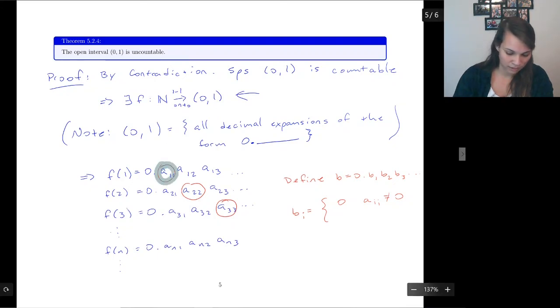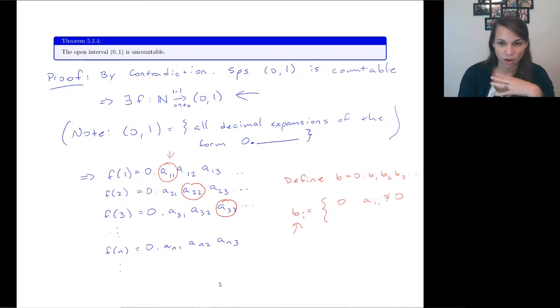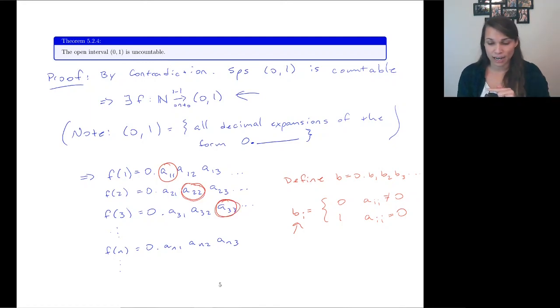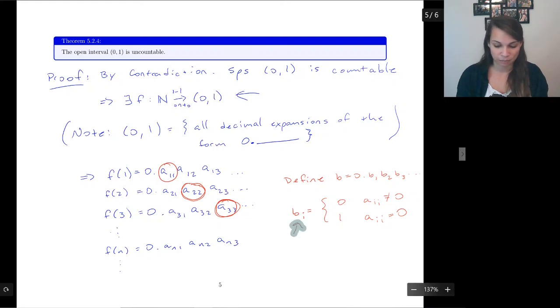So that means that b of i is going to be different from this number, because if it isn't 0, I've made it 0. But if it is going to be 0, I'm going to say, fine, I'm going to change it to be a 1. So no matter which number you look at, it's going to differ by at least one digit, because across the diagonal, I have defined b to be different than everything that we've already listed.